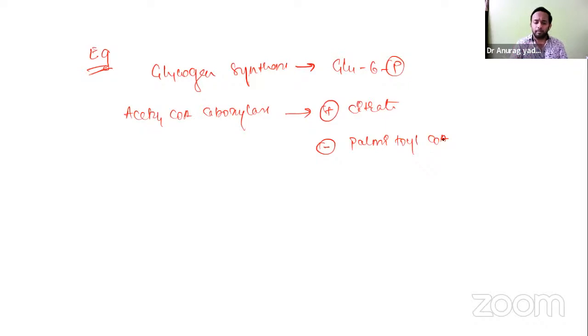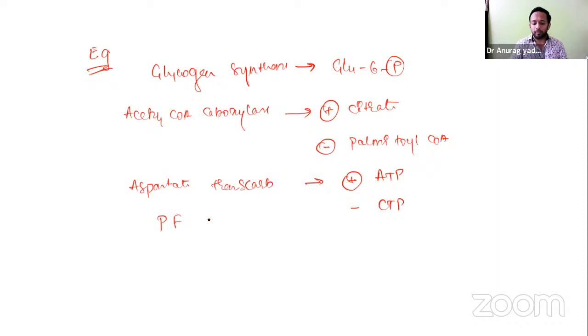Similarly, another example is aspartate transcarbamylase. It is activated by the presence of ATP, when there is a lot of ATP, and inhibited by the presence of CTP. So these are a few examples, and also the reactions of your glycolytic pathway.